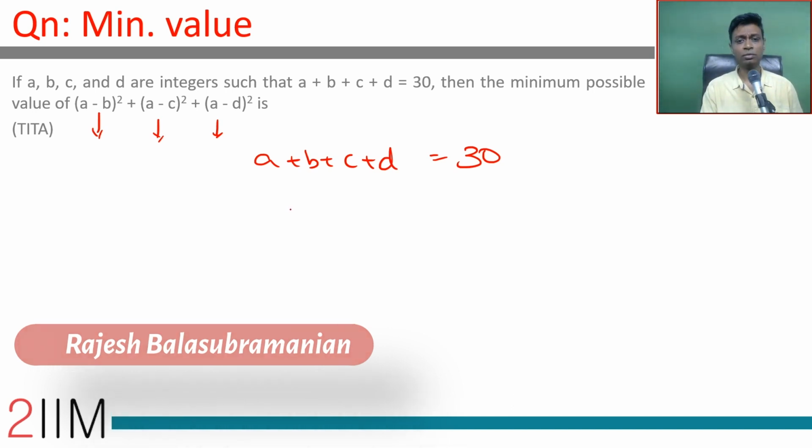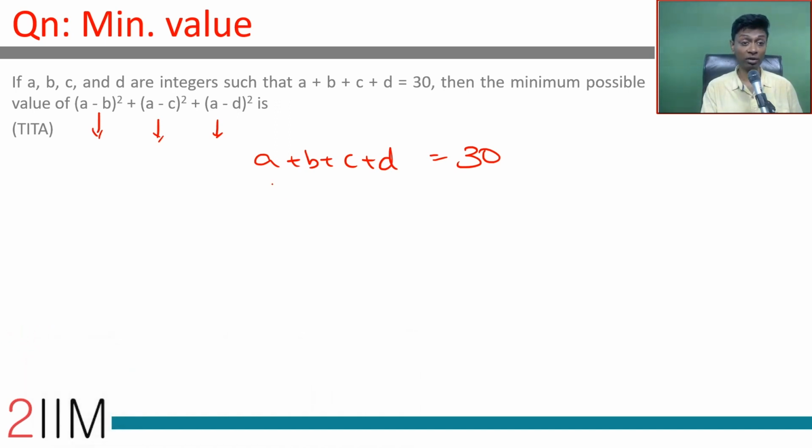And so we can try to have all four numbers as equal, put this as 0, put this as 0, put this as 0, but that's not possible because 30 is not a multiple of 4. Remember, whenever there's a difference, the difference is going to be an integer, so they're all integers, and you square an integer. The larger the difference is, the larger the square is going to be.